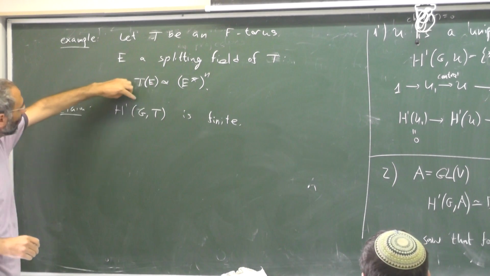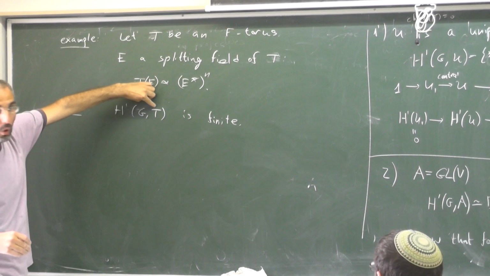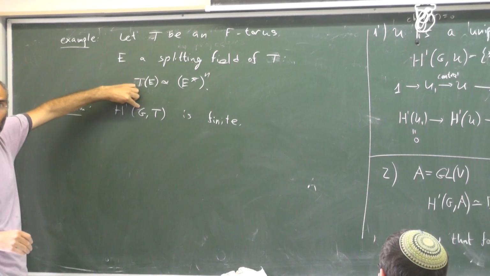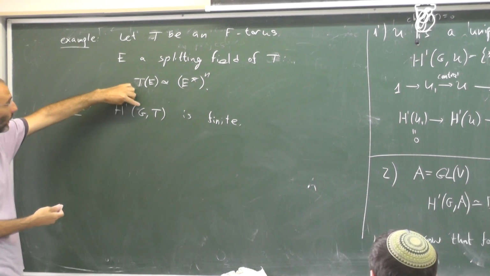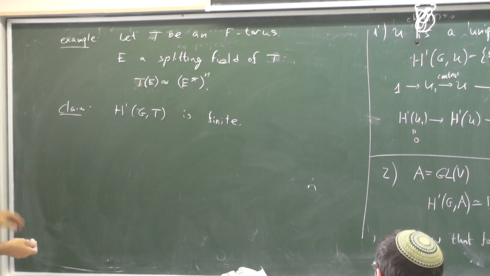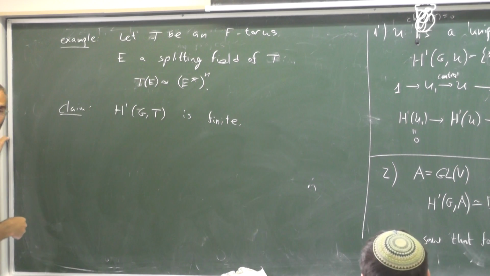This claim is basically saying that H1 of a torus, if I'm willing to take the field extension high enough, is always finite.